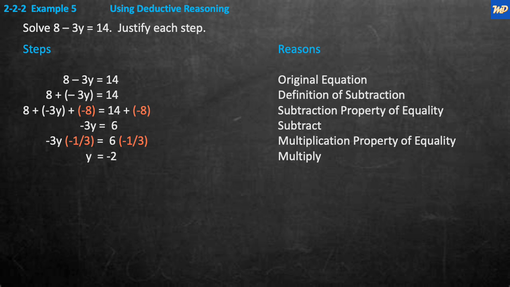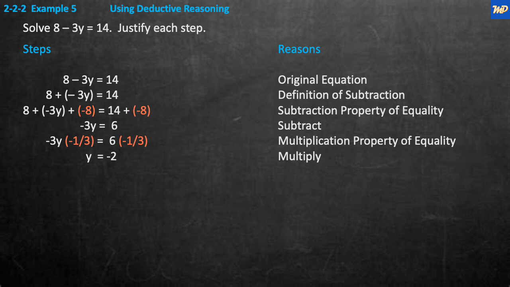Okay, so in example 5, we're going to use deductive reasoning once again to try to form some solid pathways in our minds, the nerve endings and everything in our brain. So let's solve this one: 8 minus 3y equals 14. And it says justify each step.